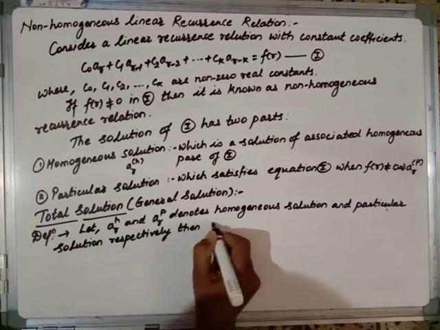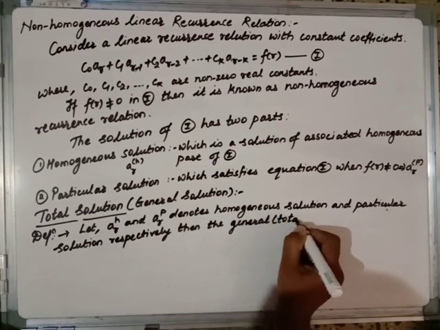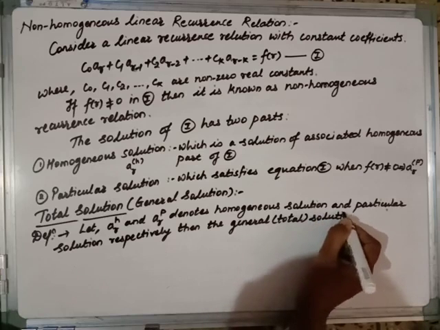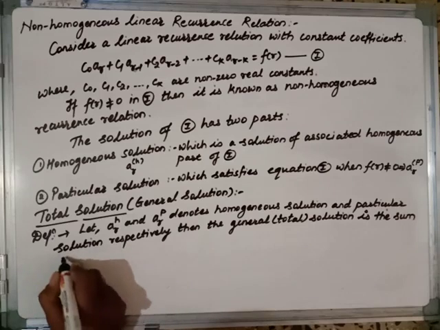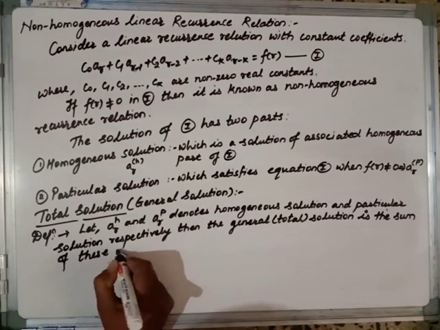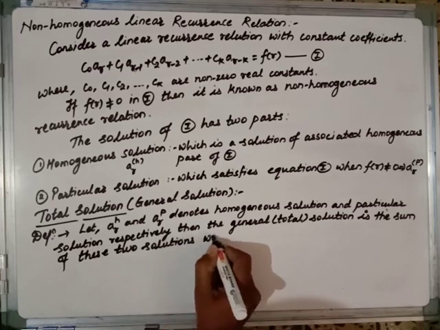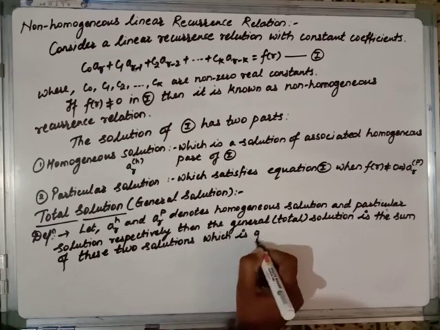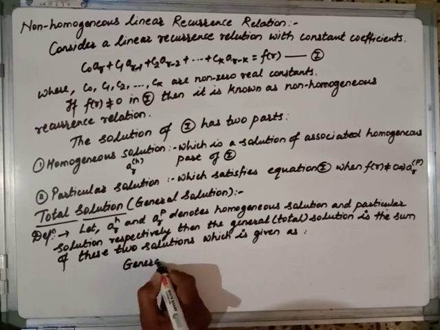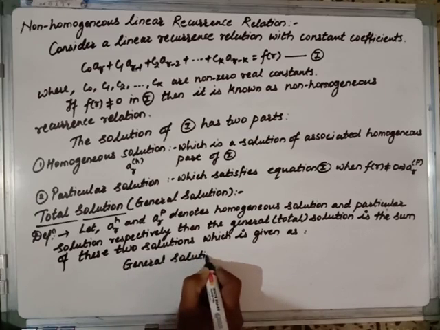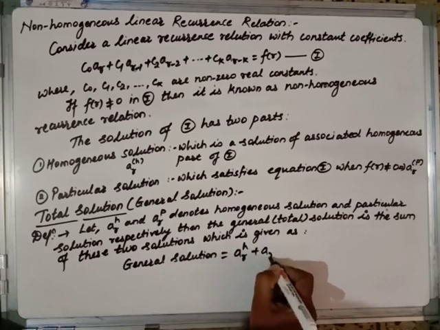The first one denotes the homogeneous solution and the second one denotes the particular solution. Then the general or total solution is the sum of these two solutions, which is given as: general solution is a_r^(h) plus a_r^(p).